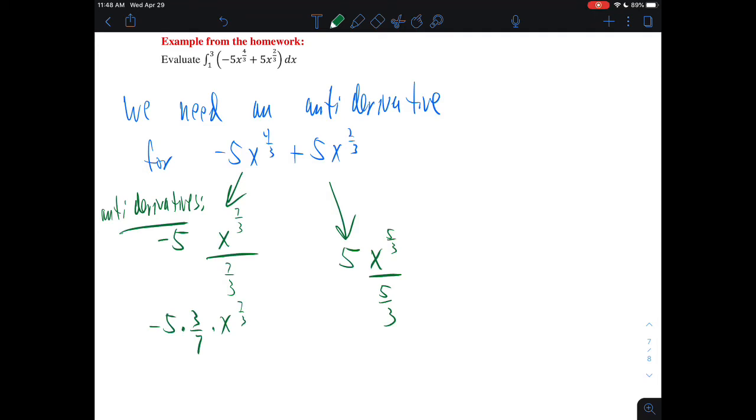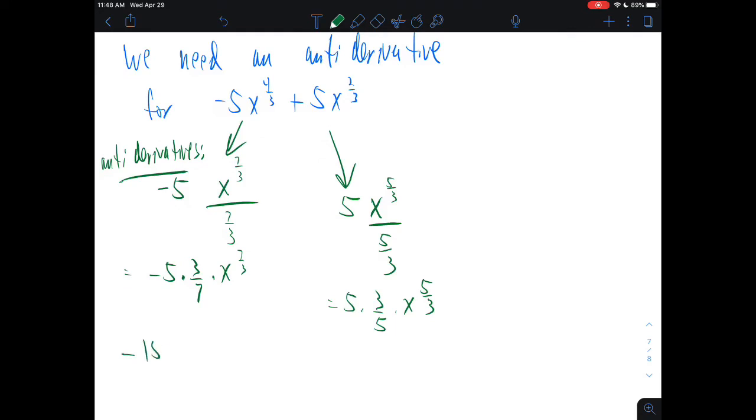And then the other one will be 5 times 3/5 times x^(5/3). So then what I have is -15/7 x^(7/3) and 3x^(5/3). So now I've got my antiderivative.